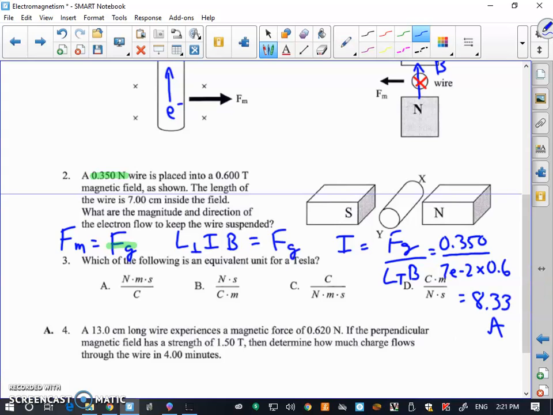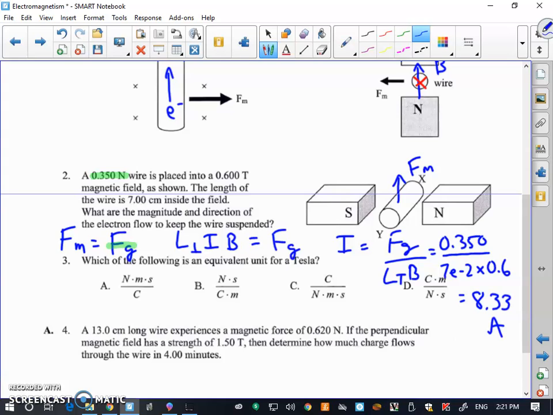Now, what about the direction of the flow? Well, what we need to do here is we need to think about how we're going to set up our hand, right? We got north to south, so that our fingers are going to point towards the south pole. In the case of the wire being suspended, we want to make sure that the magnetic force has got to go upwards.